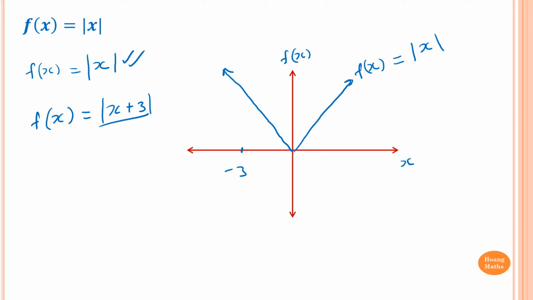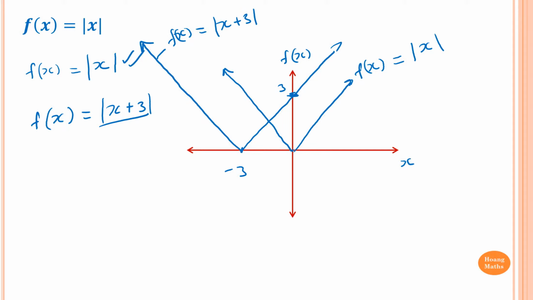And when x is 0, y equals 3. So that's 3 there roughly. Just use a ruler and connect them together. I missed that, so I just redraw this 3. And that's all. So this is f(x) equal to the absolute value of x plus 3.